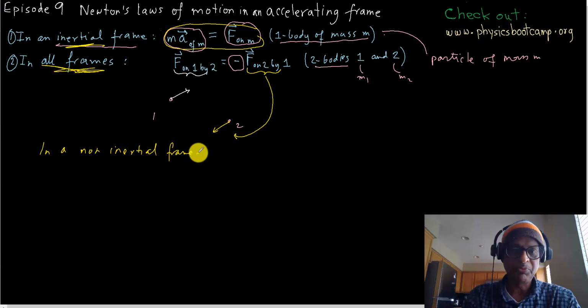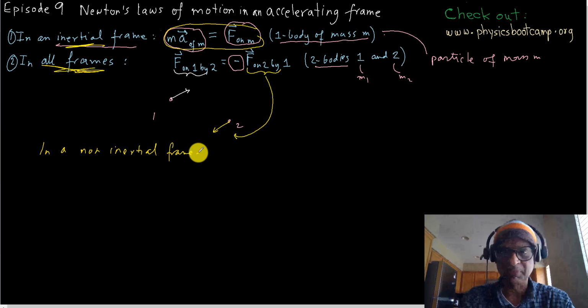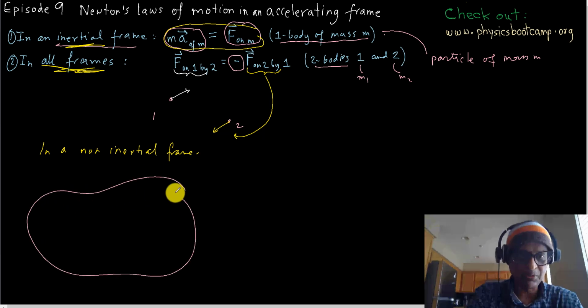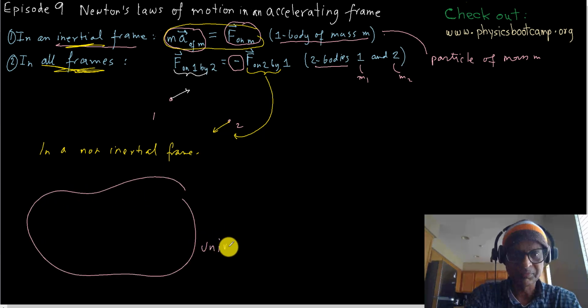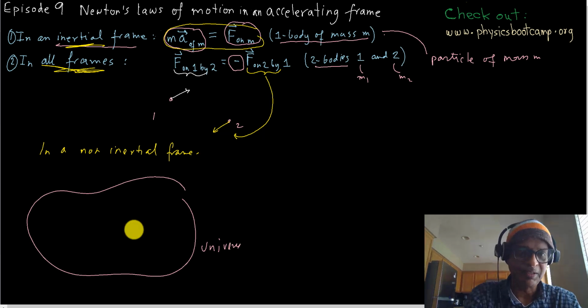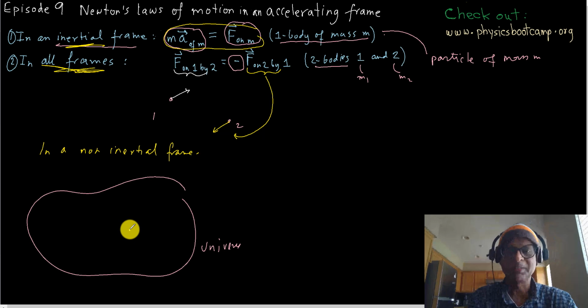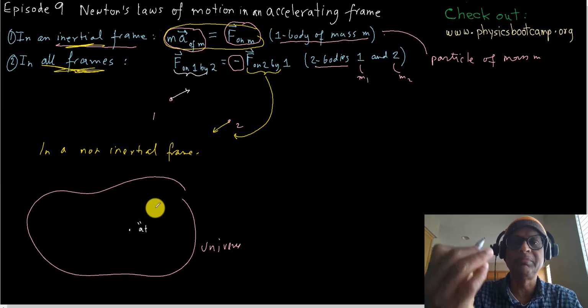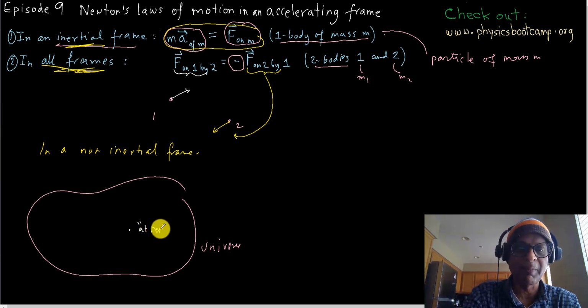So where do we find that? What is the characteristic of a non-inertial frame? From the last time we also said that here is this universe, and we can say this is the center of the universe, and we can just say it's at rest.